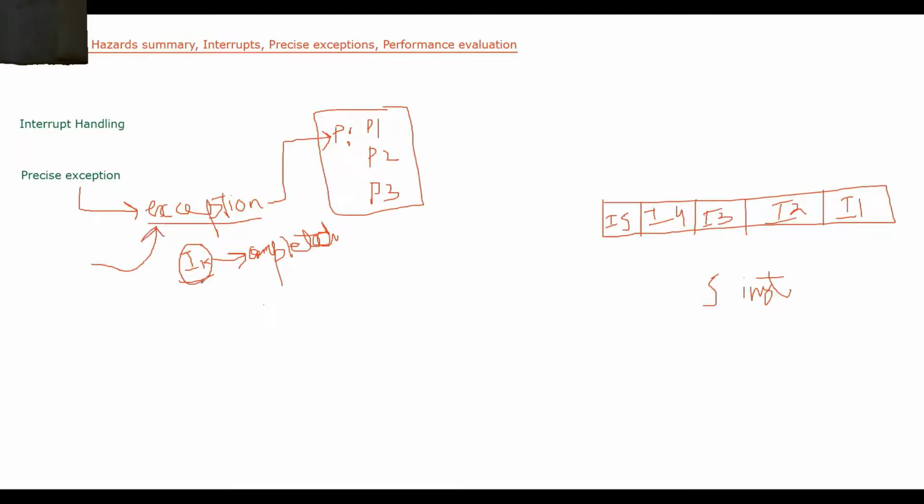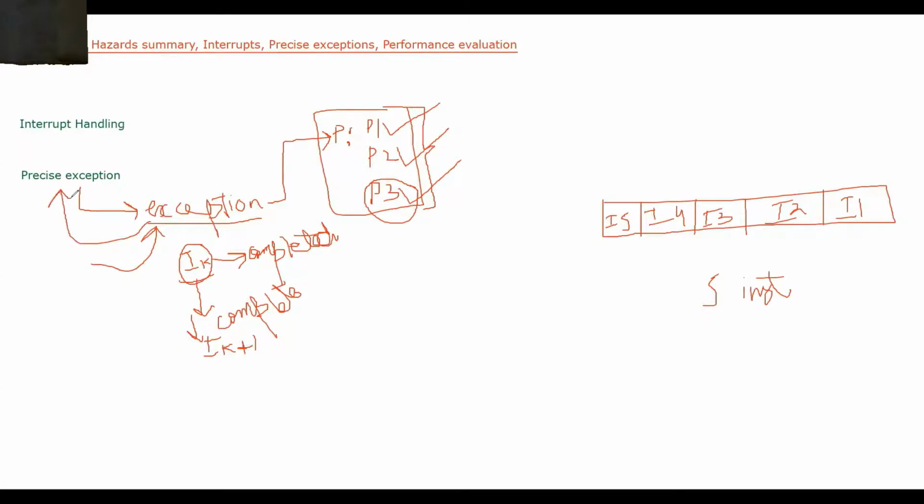Then no instruction after IK should complete, no instruction of the actual program should complete before these instructions. So what should be the next instruction that completes after IK? The next instruction should be P1, then P2, then P3. After P3, we can start our actual program, let's say with the next instruction IK plus 1. In that scenario, the exception is said to be a precise exception.